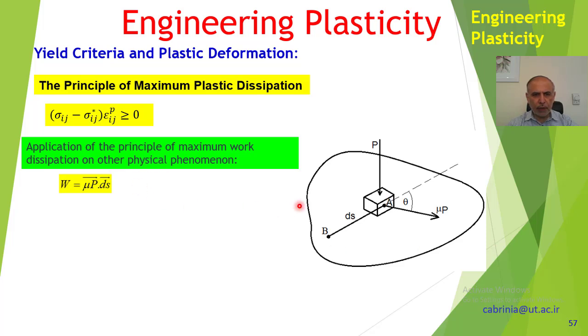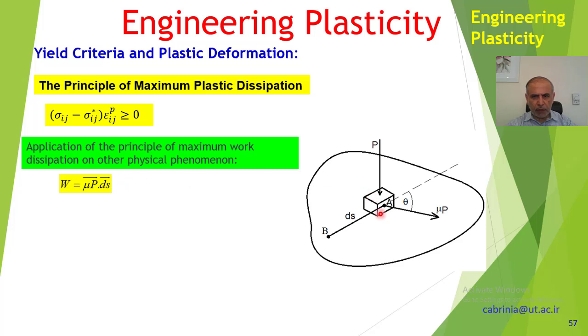In order to further illustrate the principle of maximum plastic dissipation, which was of course the stability condition, from this we concluded that in order for the plastic deformation to occur, the maximum work has to be done. That's what we showed in the previous slide.